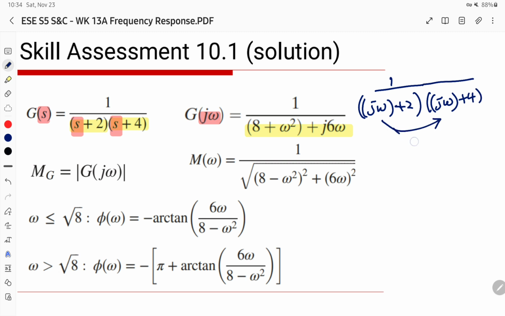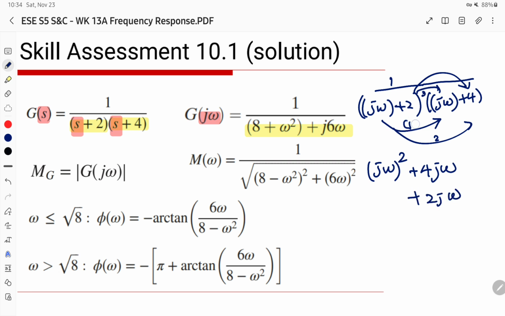So 1, 2, 3, 4. So that will be j omega square, 1. Then the second one will be plus 4j omega, and this will be 3 plus 2j omega. Those are steps, not actual. And then step 4, that will be plus 2 times 4.